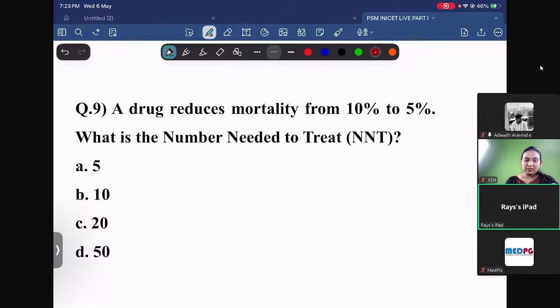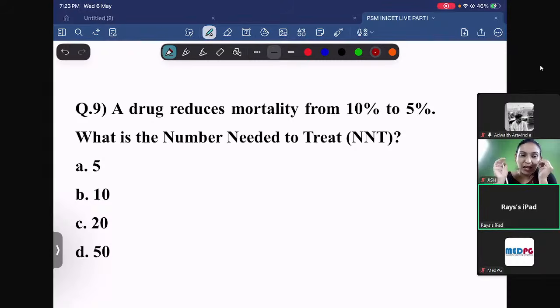Number needed to treat is how many patients you have to treat to avoid one adverse outcome, or how many persons I need to treat before I can prevent an adverse outcome. Let it be death. I have a new drug which is going to reduce death due to cardiovascular diseases.